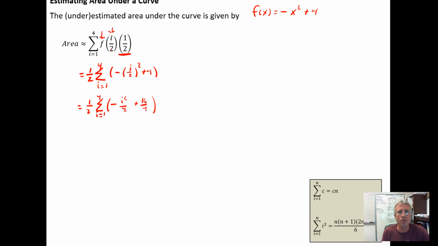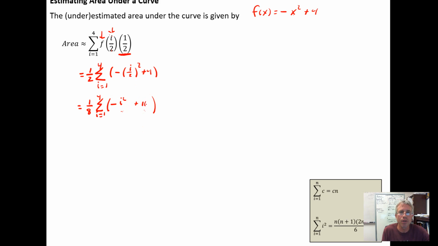And the glory of doing that would be then I would have a common denominator of 4, which could be factored out. So 1/4 times 1/2 is 1/8. And then I wouldn't have the denominators in that summation anymore. So I get 1/8, the sum from i equal 1 to 4 of negative i squared plus 16.